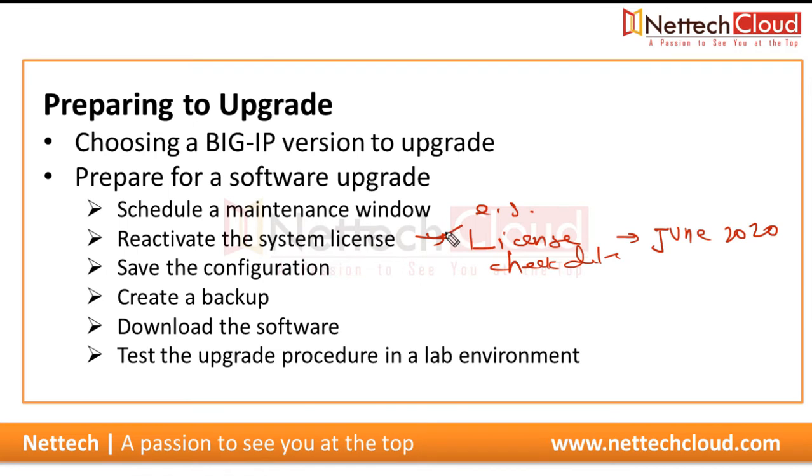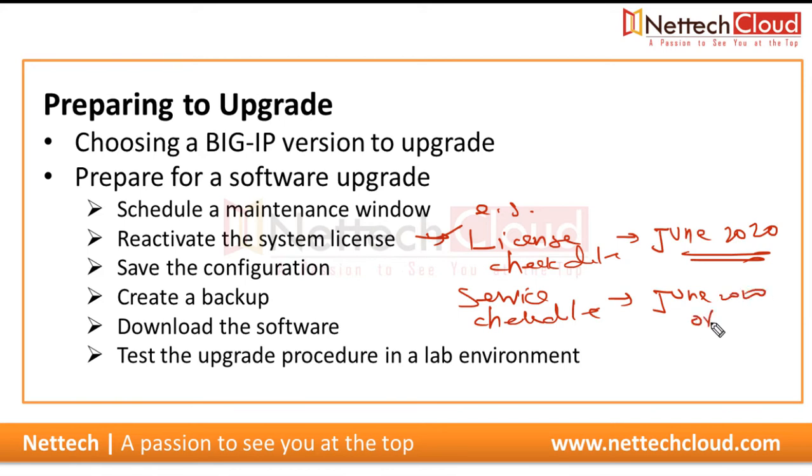So to upgrade your BIG-IP system to a higher version, your BIG-IP license service check date should be June 2020 or later, right? Not before this. So you understand that.